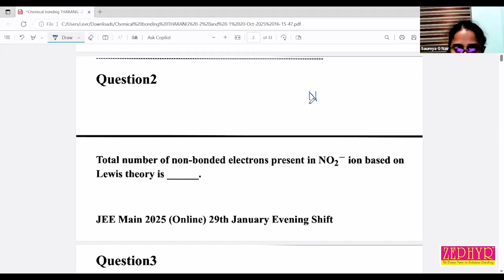N, double bond O, single bond O, minus charge. This is the structure.